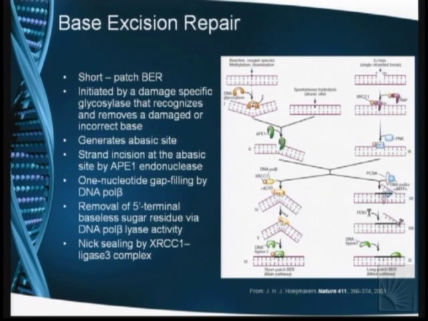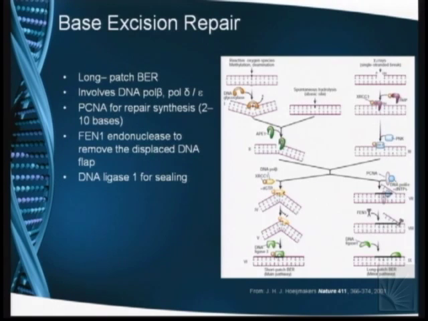And this pathway is called the short patch BER because it only patches the single damaged nucleotide, and it's the main pathway that usually occurs in these types of damages. But for other types of single nucleotide damages, you have the long patch BER.